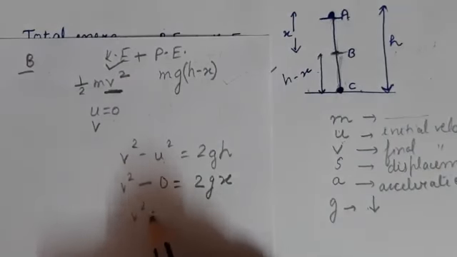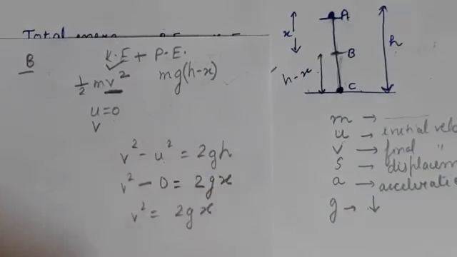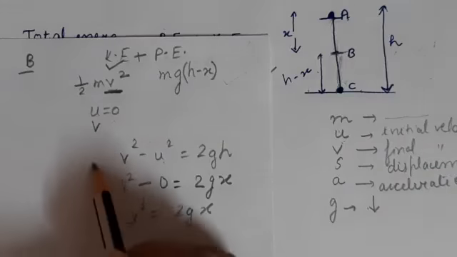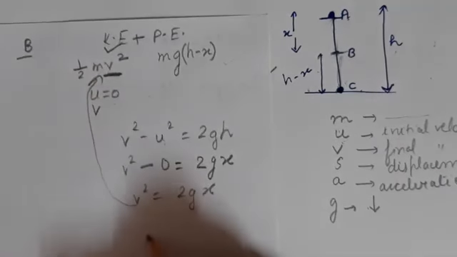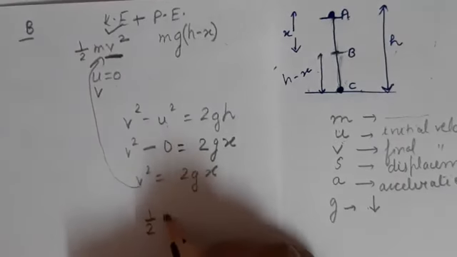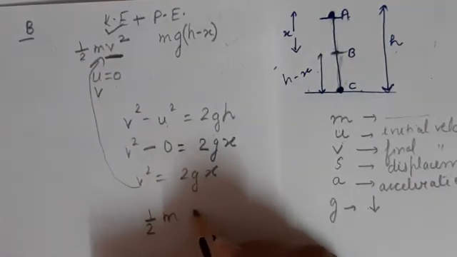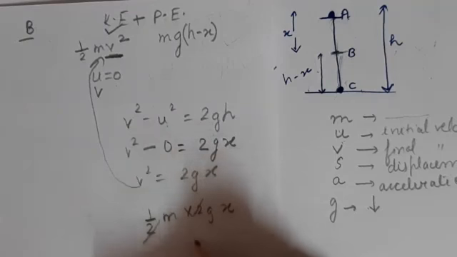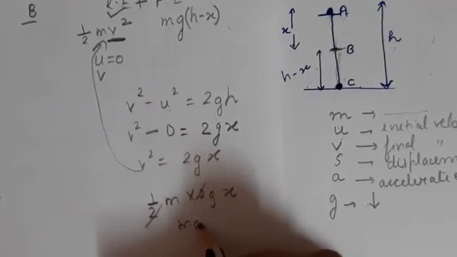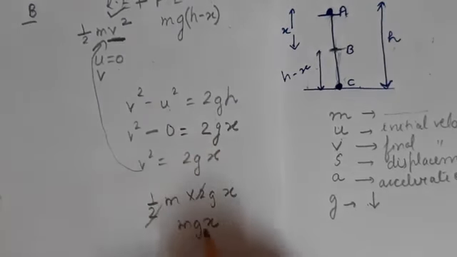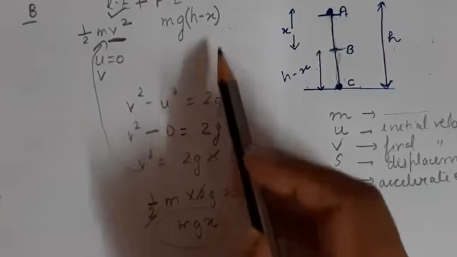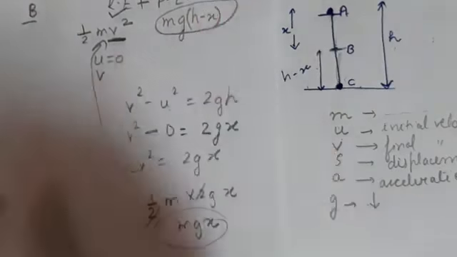So v square becomes 2gx. Now substitute the value into half mv square, that is 2gx. So 2 cancels with 2. You will get mgx. So mgx is the kinetic energy and mg(h minus x) is the potential energy.